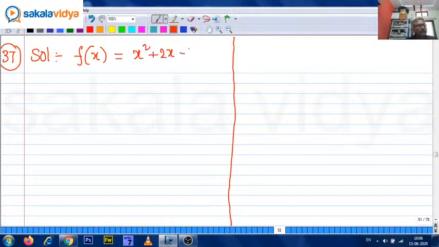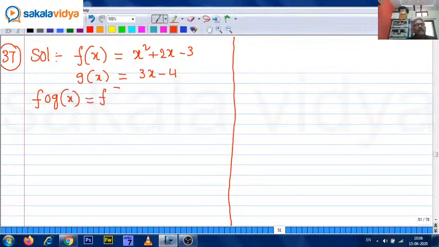Am I correct? g of x is defined by 3x minus 4. First let us find f circle g of x, that is f of g of x. So that is f of 3x minus 4. Now we need to find f of 3x minus 4.